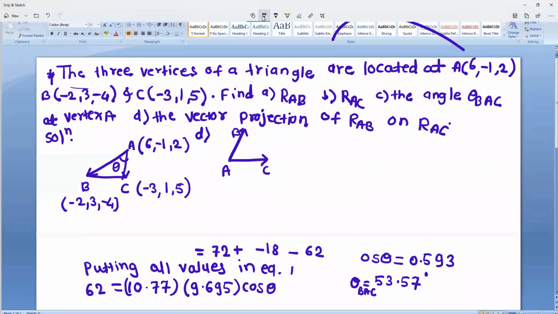It is asked the vector projection of RAB, this vector, on RAC, and this is angle theta.